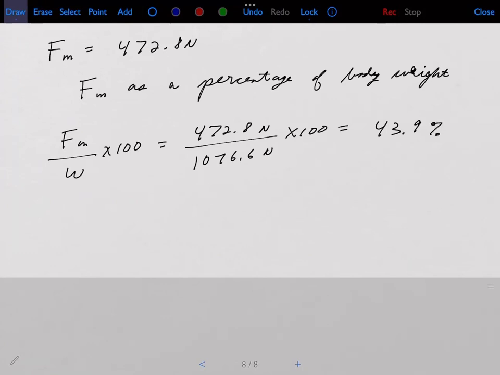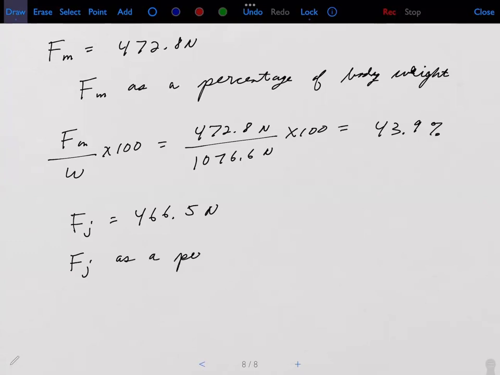I'm going to get around 43.9%. And then for the joint force, we found the joint force was 466.5 newtons. So if I want the joint force, Fj, as a percentage of body weight, then I would do the same thing. Actually, it looks like the percentages are going to be close, right?